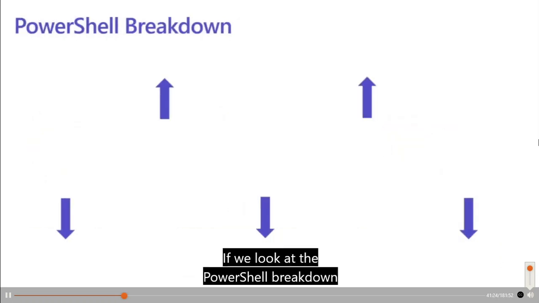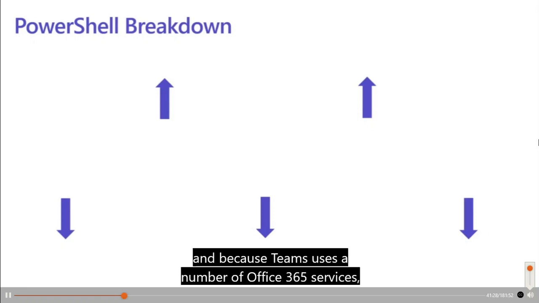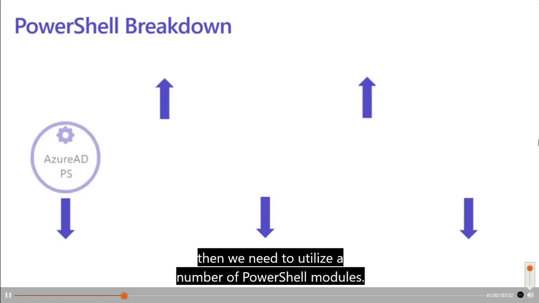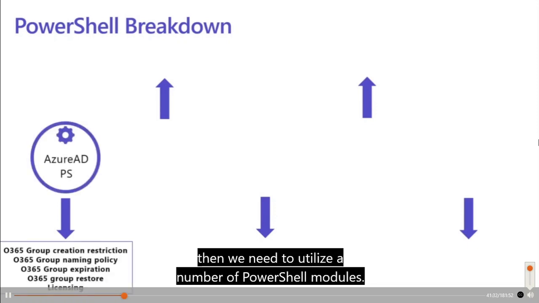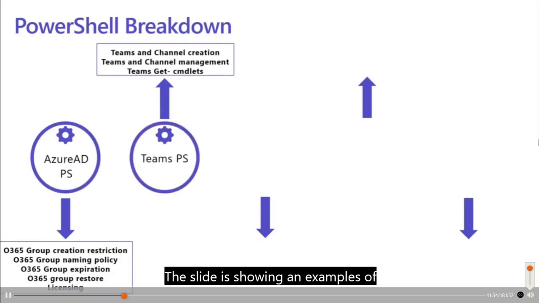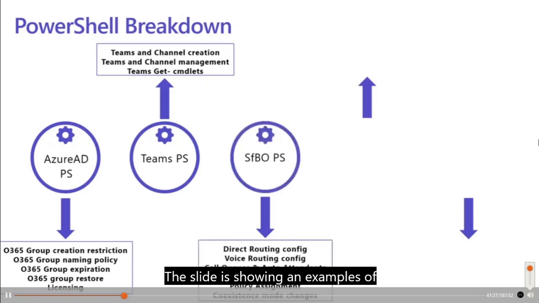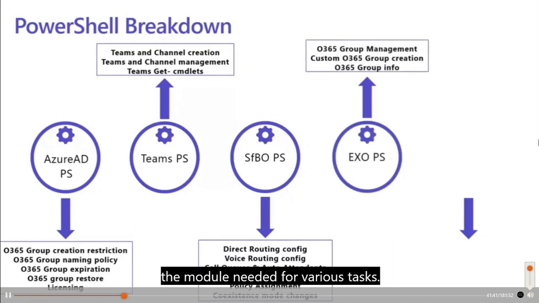If we look at the PowerShell breakdown, because Teams uses a number of Office 365 services, we need to utilize a number of PowerShell modules. The slide shows examples of the modules needed for various tasks.